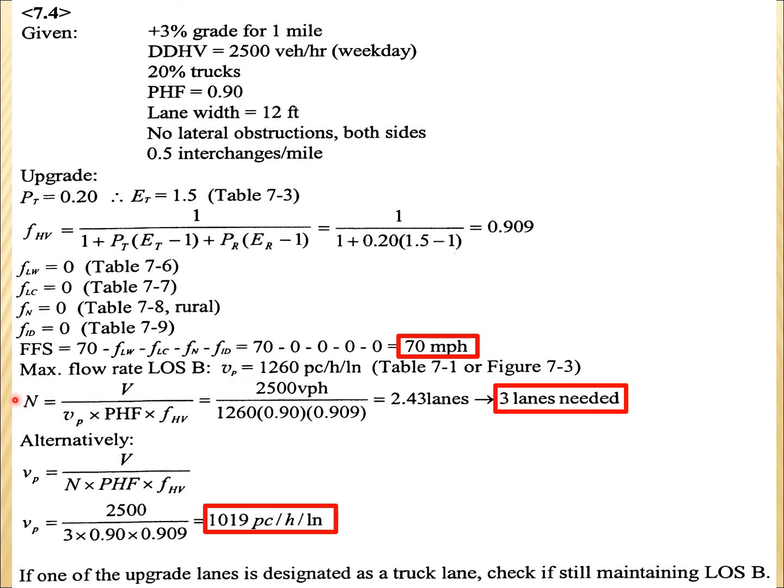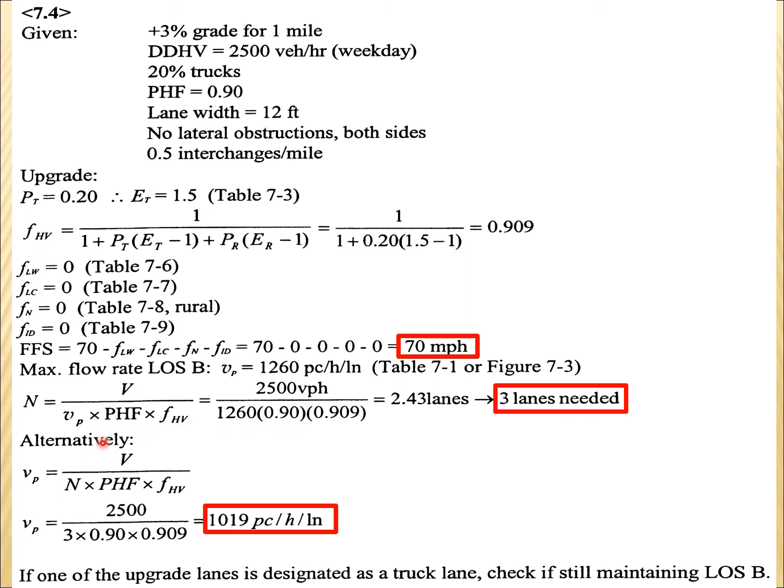Now the number of lanes can be determined by using this formula. So just plug in the values. V is equal to 2500 vehicles per hour, which is given in the question statement, and then V sub P 1260, and PHF 0.9 and F sub HV, that is 0.909, so 2.43 lanes, so obviously 3 lanes needed.